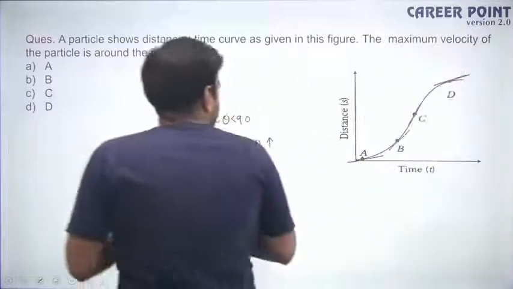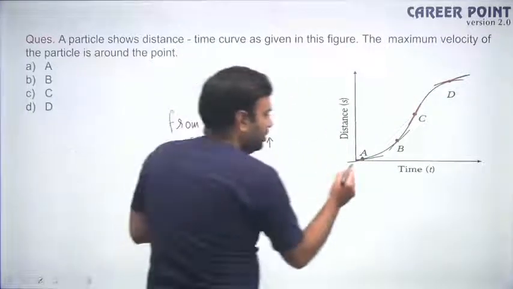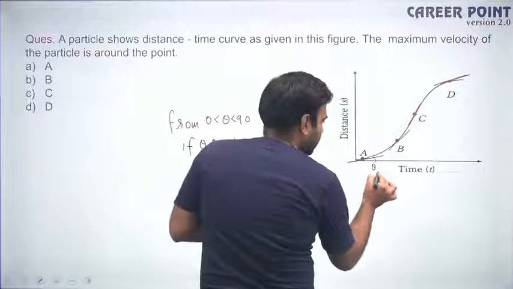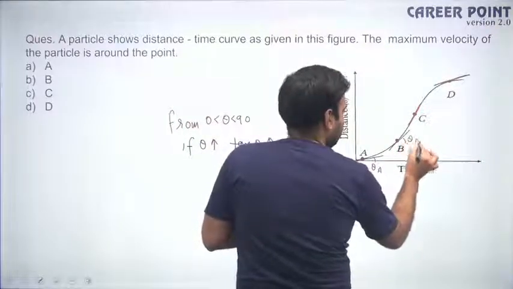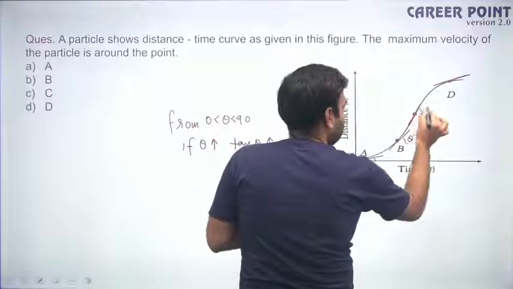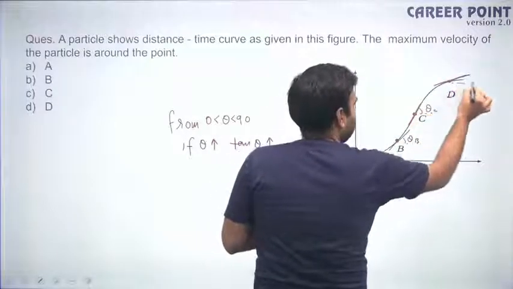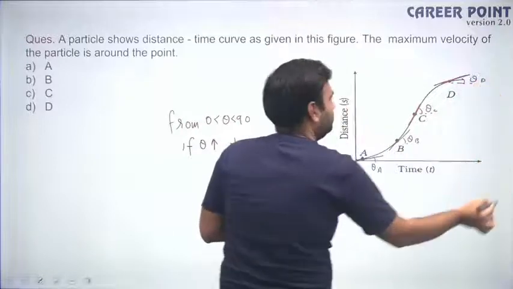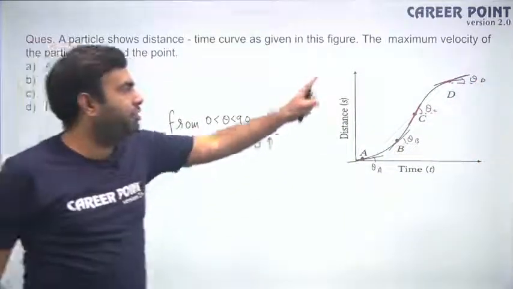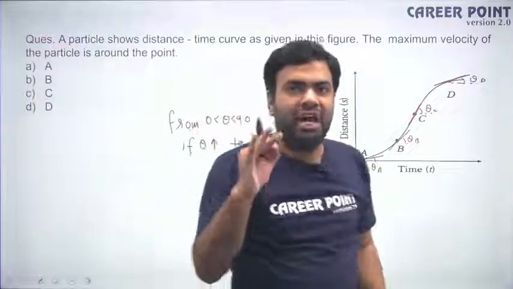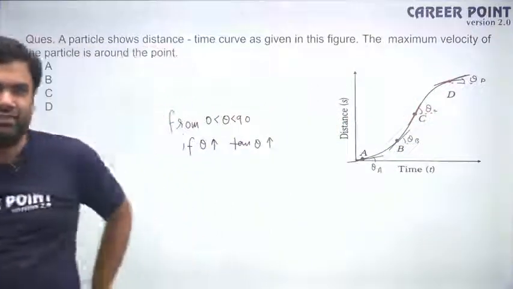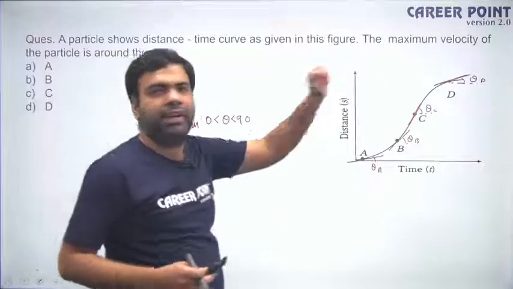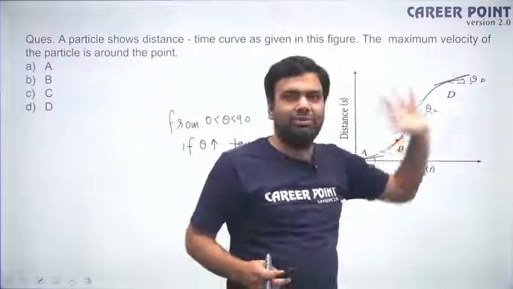As you can see, this is theta A, this is theta B, this is theta C, and this is theta D. Out of which point will tan theta be maximum? Think. Good, Himal, you're right. Well done. Out of which point is tan theta maximum?